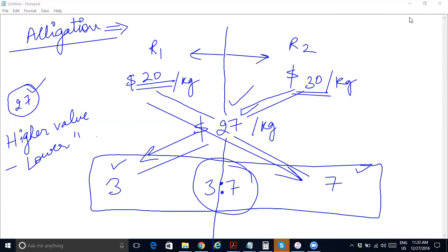Okay. Now I'm just giving you a comparison between methods. Let's go back again to the same question. Section A, section B, 150 students and 180 students. The average height of students in section A is 150. The average height of students in section B is 180.